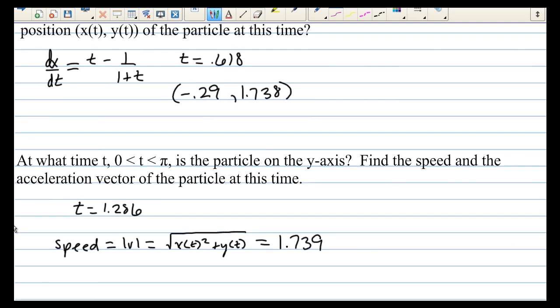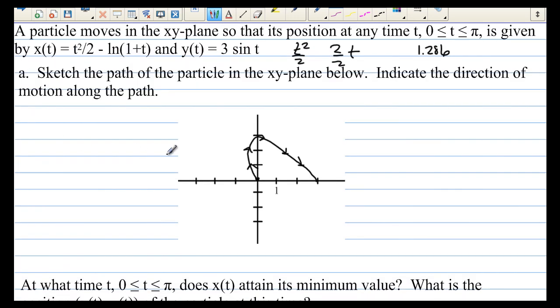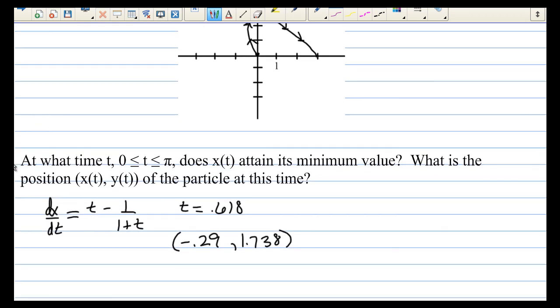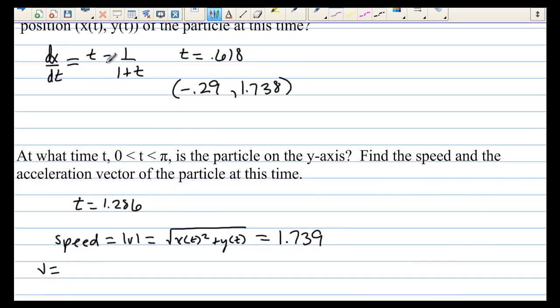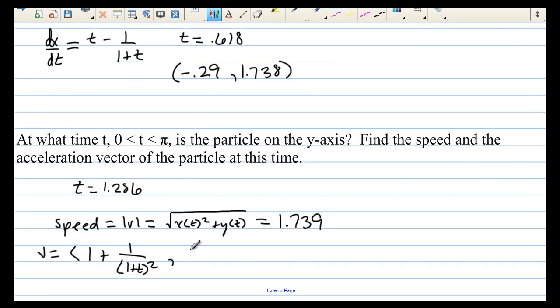Now to find the acceleration vector, we just have to take the derivative twice. So the velocity vector is this one right here. I need to take the derivative of this, which is 1 plus 1 over (1 plus t) squared, comma, and then the derivative of y of t is 3 cosine t.